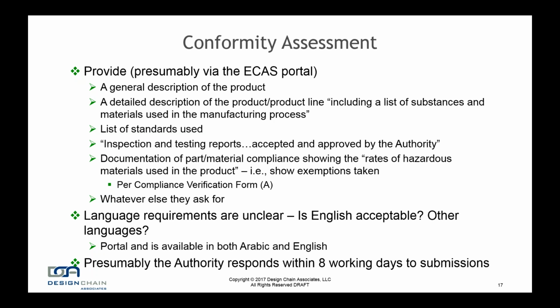That's unclear, especially for a regulation that affects only 10 substances or substance categories, considering that products contain thousands of substances and are manufactured with probably hundreds or thousands more. Asking for a list of substances and materials used in the manufacturing process, if I take that literally, is simply not going to happen.